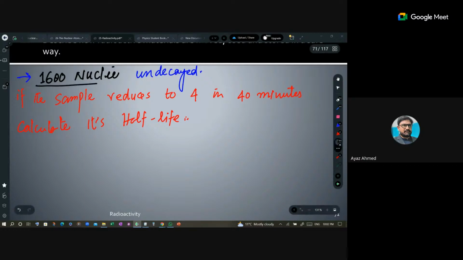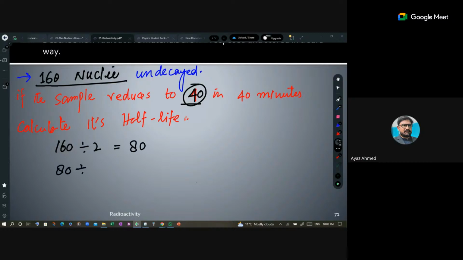Don't worry. So 1600 nuclei are there, and the sample reduces to 4. So let's make it small, because you are not having time. Let's make it 160, and let's make it 40. So 160 is divided by 2, and it becomes 80. Then 80 becomes half, so it becomes 40. And how much time did it take? 40 minutes. It means this is happening twice in 40 minutes.